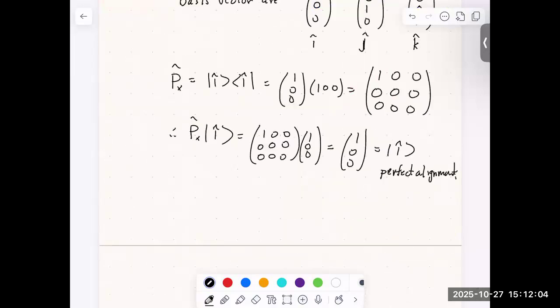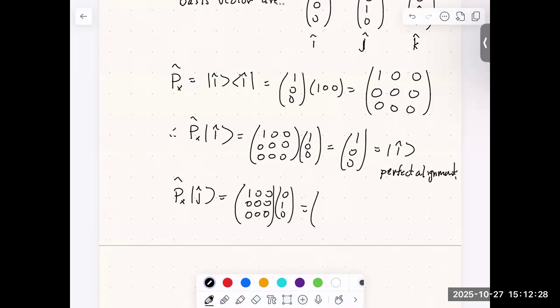We could try the x projection operator acting on the j hat basis vector. Those are orthogonal, and so we're going to expect to get 0. So let's see. 1, 0, 0, 0, 0, 0, 0, 0, 0. And then we get 0, 1, 0.